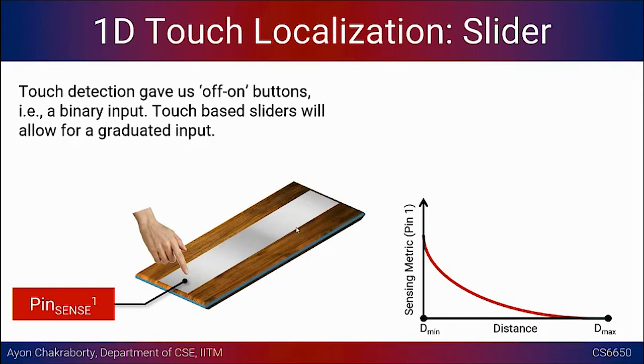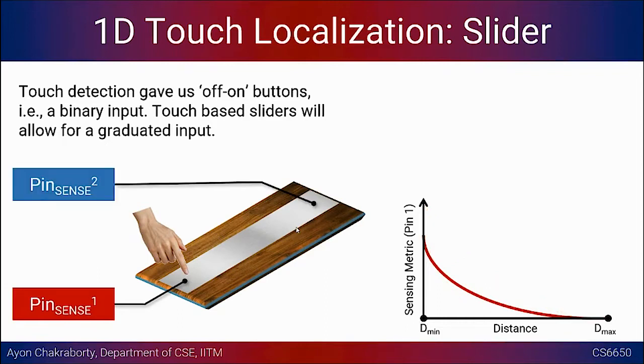Things might change, and it could become something like this, which makes the distance estimation a little bit tougher. So what could be a good solution? A simple solution that could also help with self calibration is, instead of having just a single pin, you can have 2 pins on 2 ends, or 2 electrodes on 2 ends.